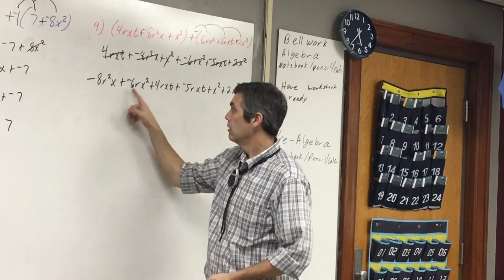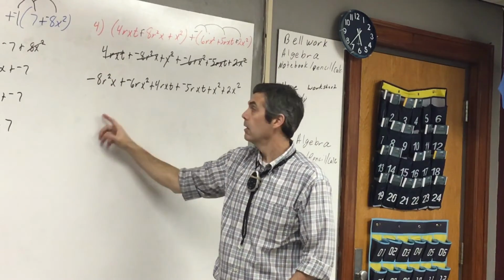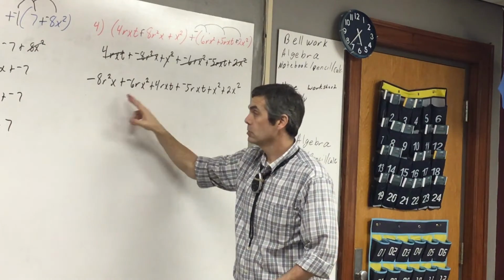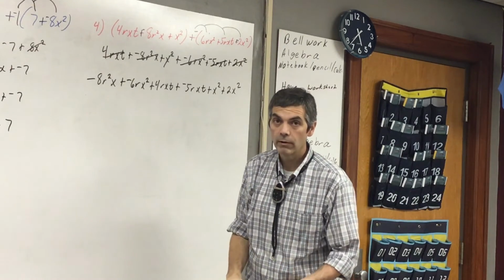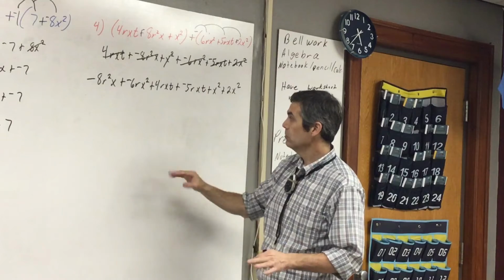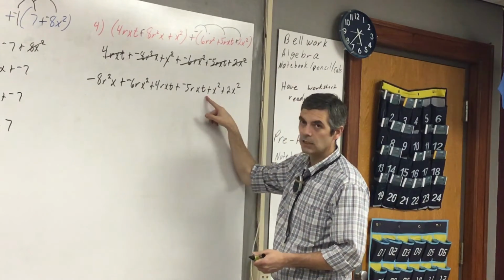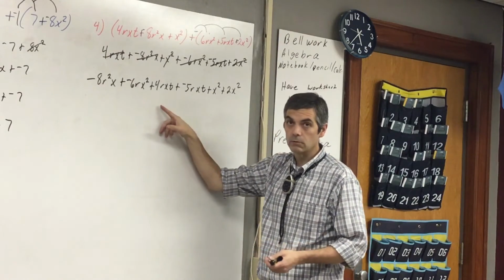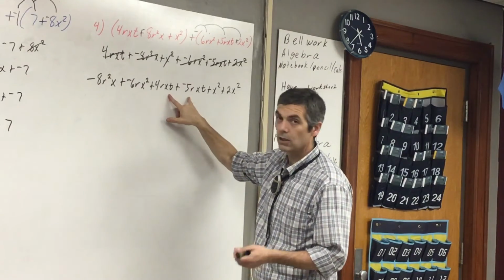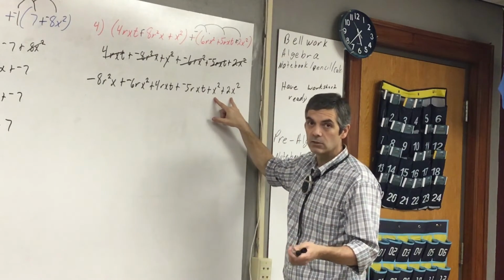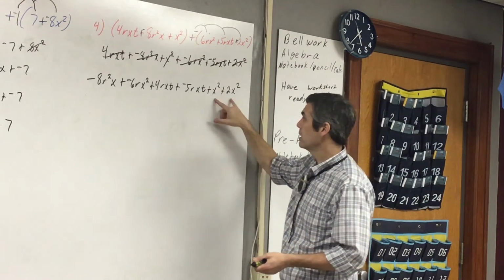That r is not raised to the same power, those x's are not raised to the same power. Those are not like terms. Be aware of that. But what we do have is 4rxt plus -5rxt. Those are like terms, we can combine those. And then we have these two over here, they're like terms also, so we can combine these.